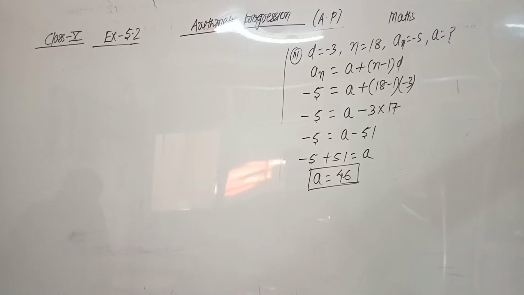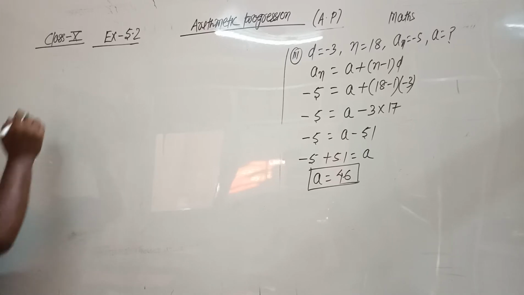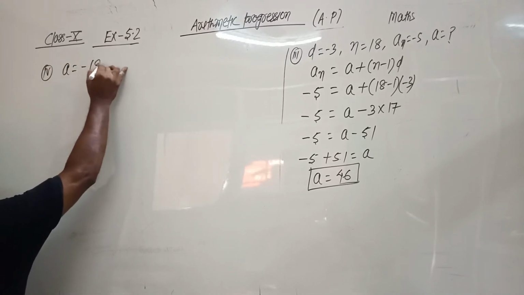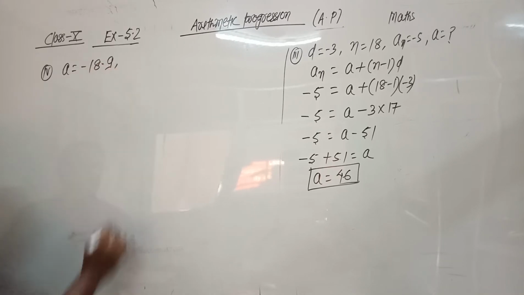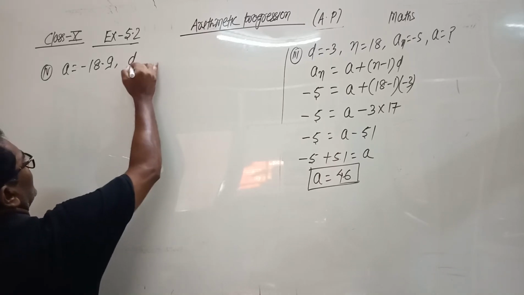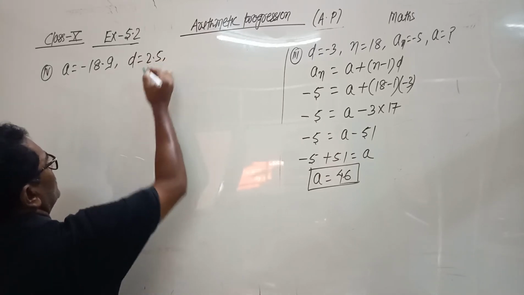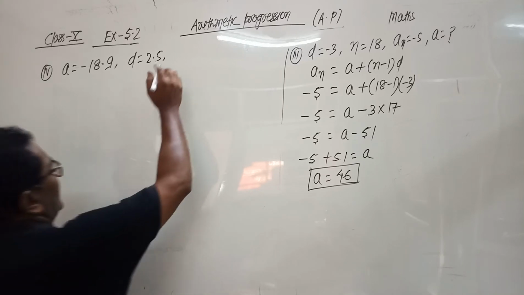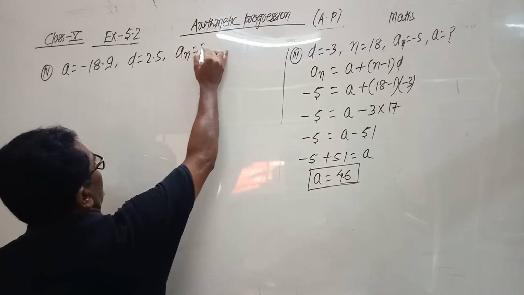Fourth part of this question: a equals minus 18.9, d equals 2.5, and an equals 3.6.